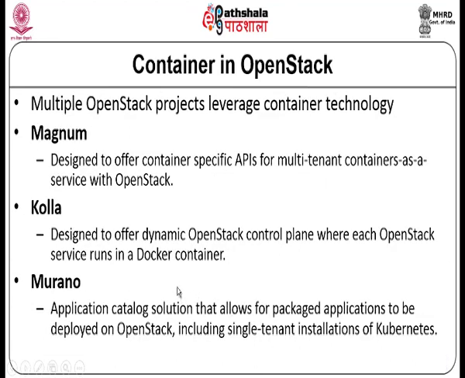The additional container service in OpenStack is called Magnum. This is a project in OpenStack. Kolla is not yet integrated with OpenStack as of now, but that is also a container service, and Murano is an integrated service.